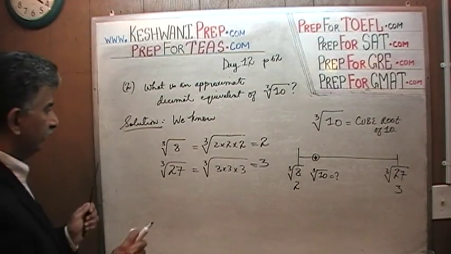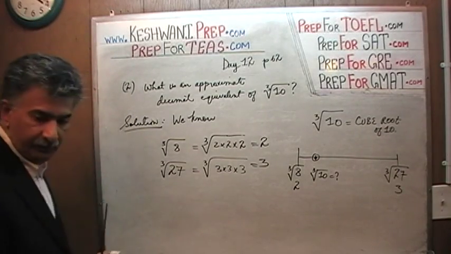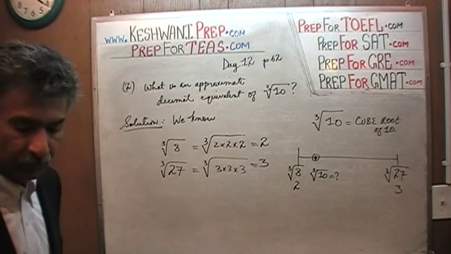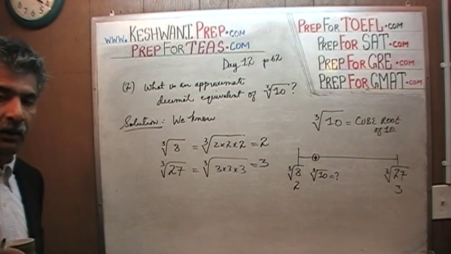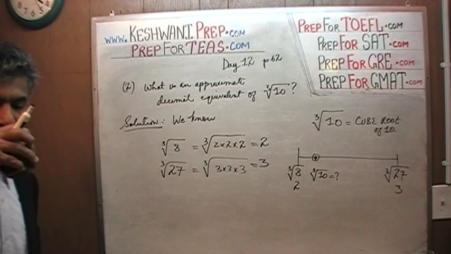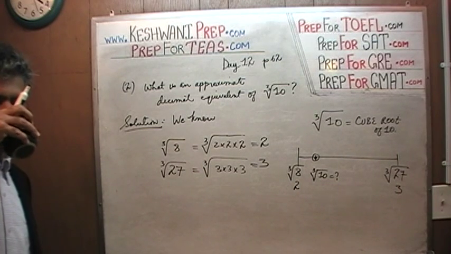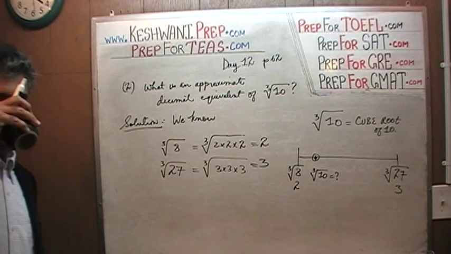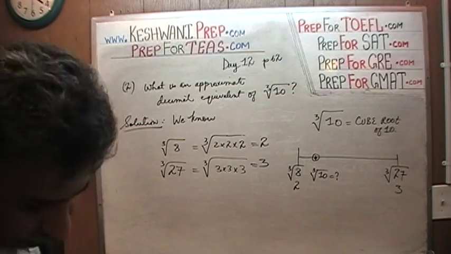We need the room obviously, so we have to erase it. Just give me 1 second here. We're going to multiply 2.1 by itself 3 times, just to see what it gives us.